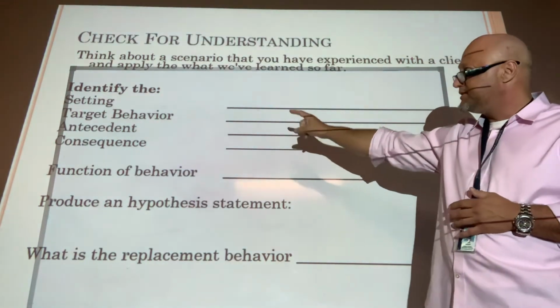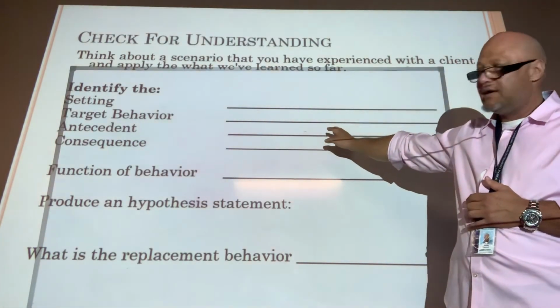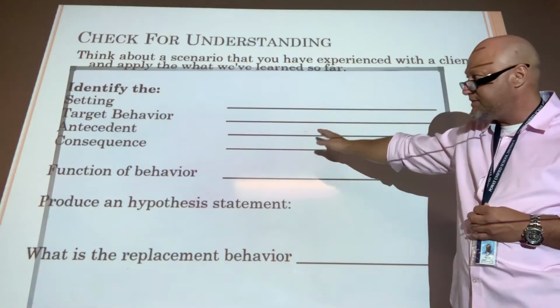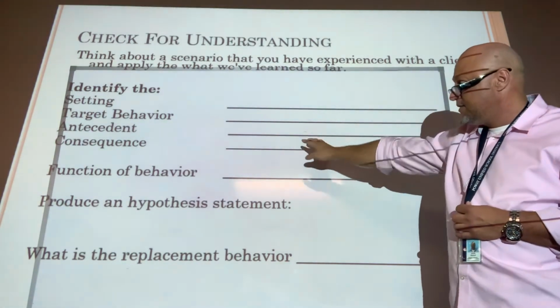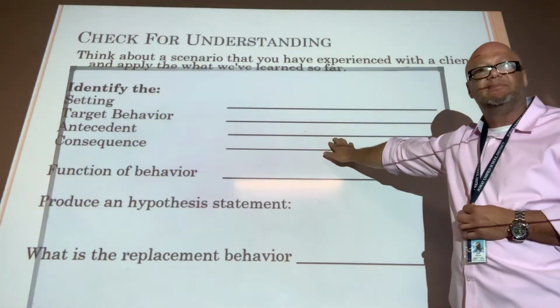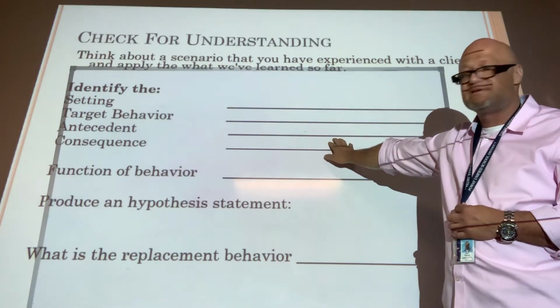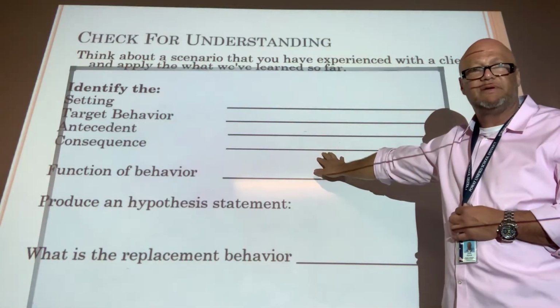I want you to be able to state what the setting is that the maladaptive behavior occurs for one of your clients, the target or maladaptive behavior, the antecedent that you believe there was a pattern of with this client, and then what did that client get out of the maladaptive behavior?